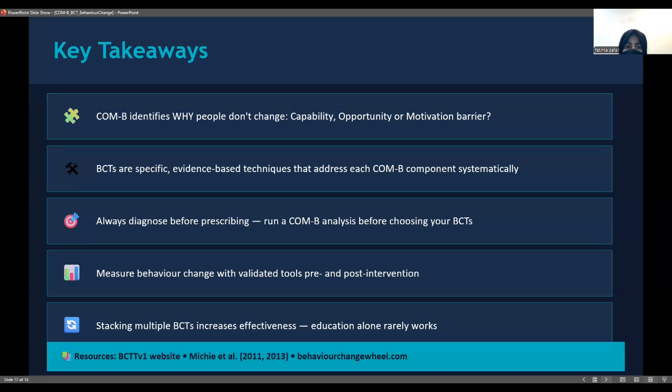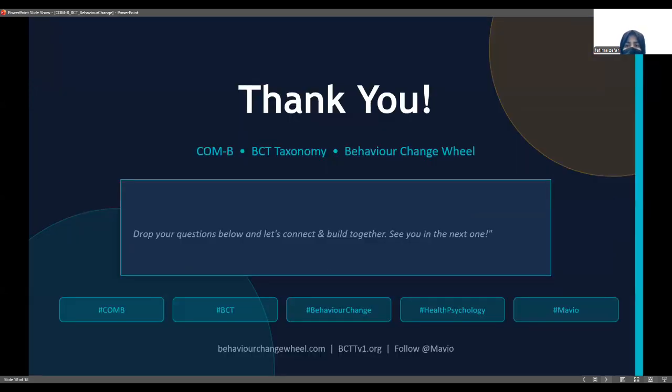Then always diagnose before prescribing. We run a COM-B analysis before choosing our BCTs. Then measure the behavior change with validated tools, pre and post intervention, and then stacking multiple BCTs increases effectiveness. Education alone rarely works.